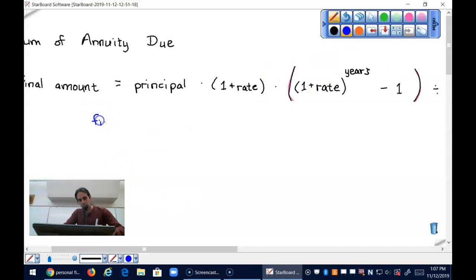Final amount, principal. Principal is kind of a funny word to use. Before, we've always had principal mean this is the amount we start with, and everything else just builds on it. Whereas principal here means your repeated thing.